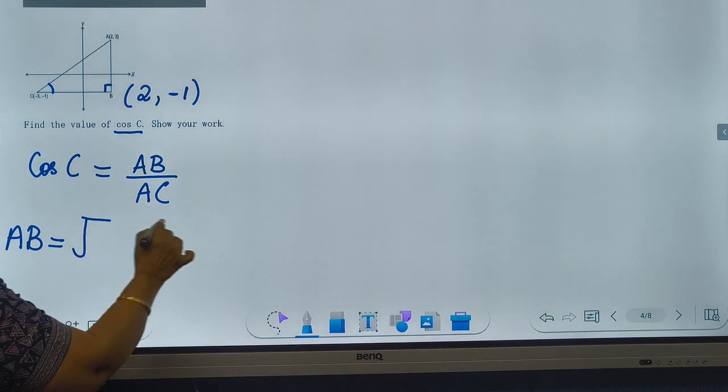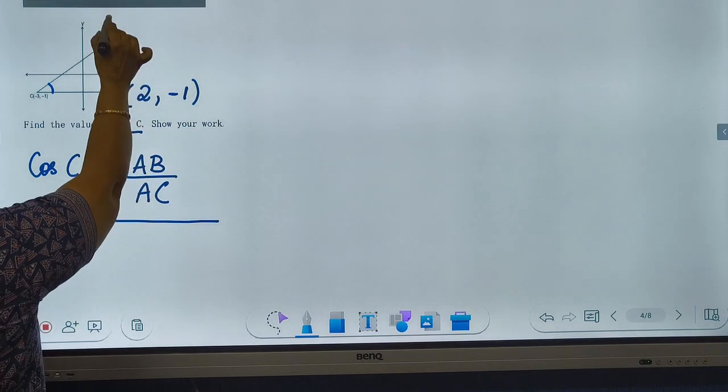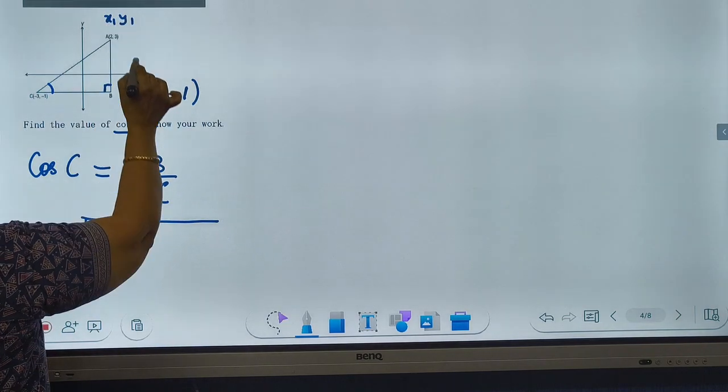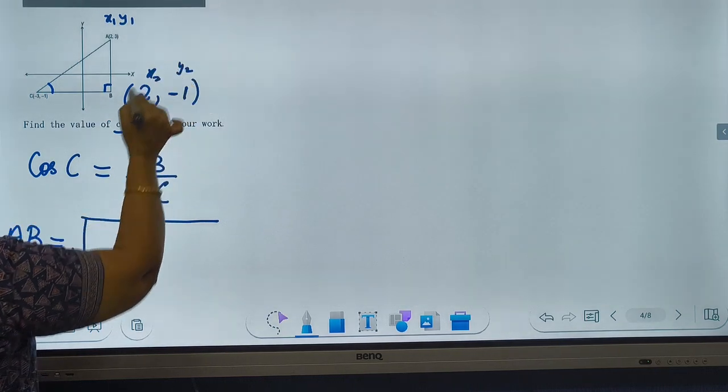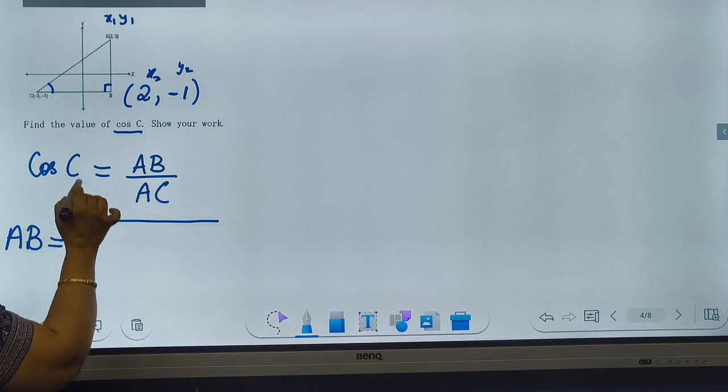AB will be root of, I'm again using the distance formula. So this is your x1, y1, x2, y2. So x2 minus x1 is 2 minus 2, 0.